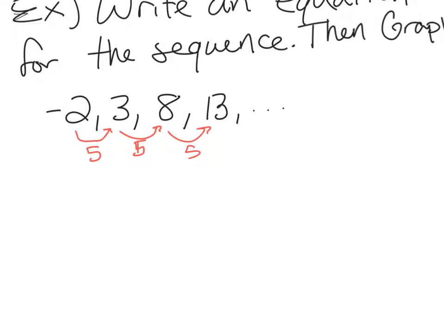So when I write an equation for an arithmetic sequence, our base formula is a sub n equals a sub 1 plus n minus 1 times our common difference. So just a reminder, this is our nth term.